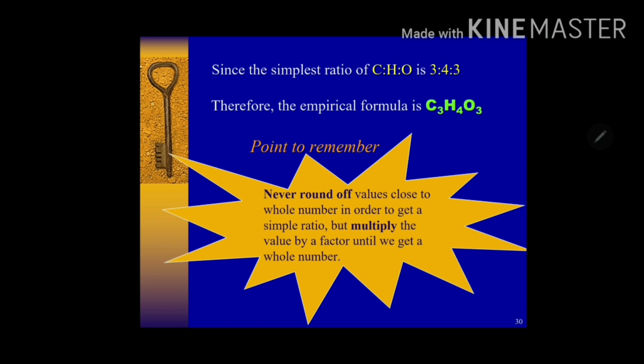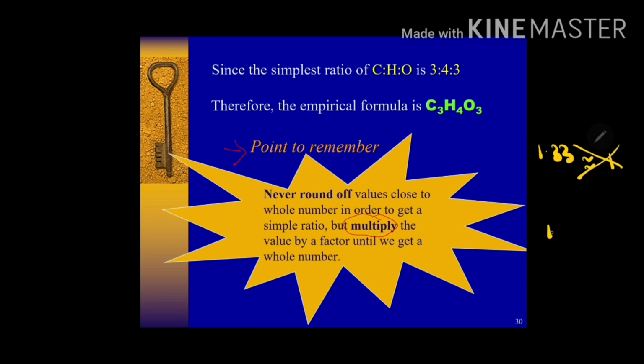Okay, that's something important here. Point to remember: never round off values close to a whole number in order to get a simplest ratio, but multiply the value by a factor until we get a whole number. This is very important. Like just now, 1.33, you cannot round off to 1. It's wrong. So that's why you have to times 3.